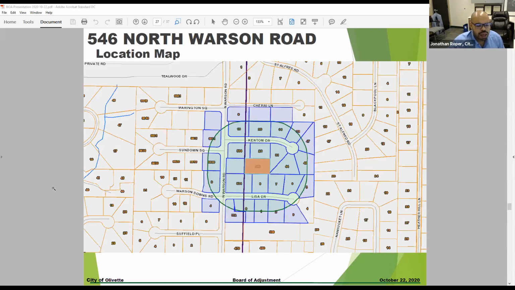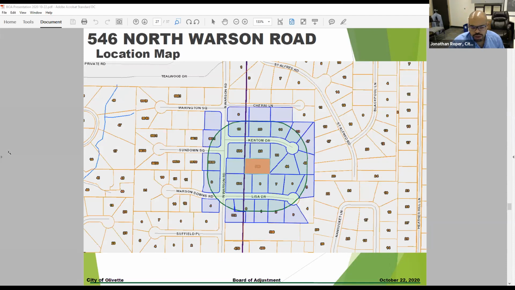The property is located on North Worcester Road, on the south side of Olive, between Lisa Drive, which falls to the south, and Kentham Drive to the north, although access is taken off North Worcester Road.